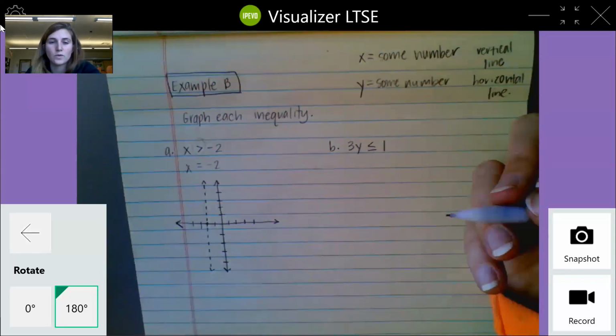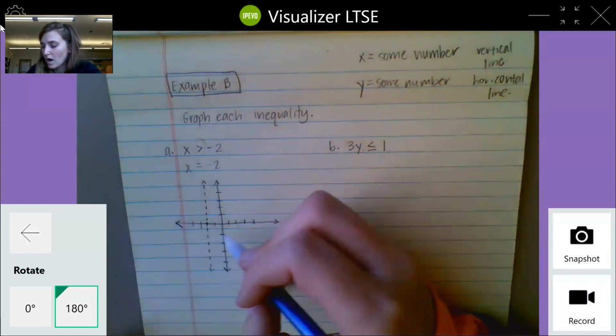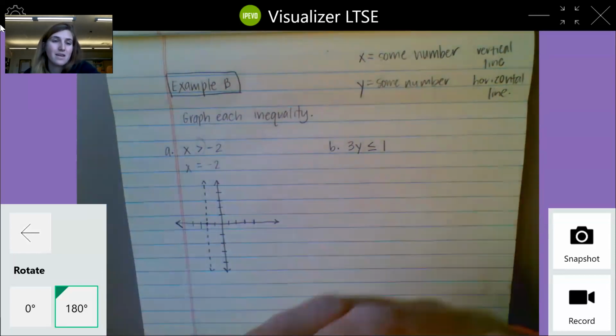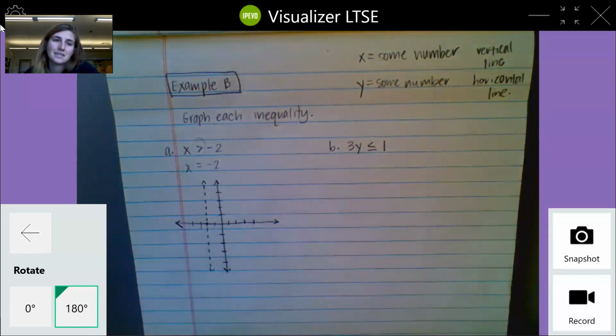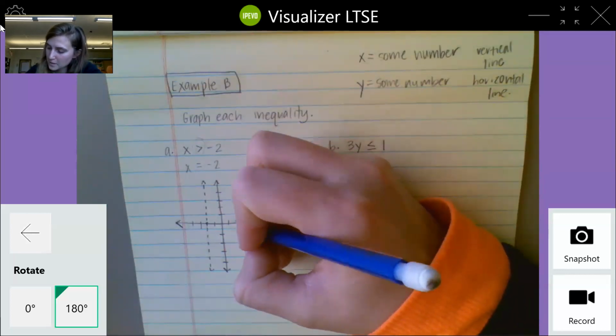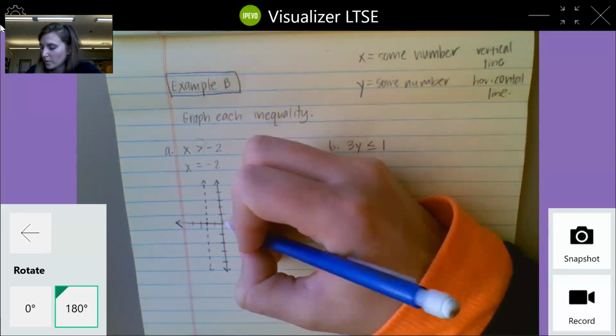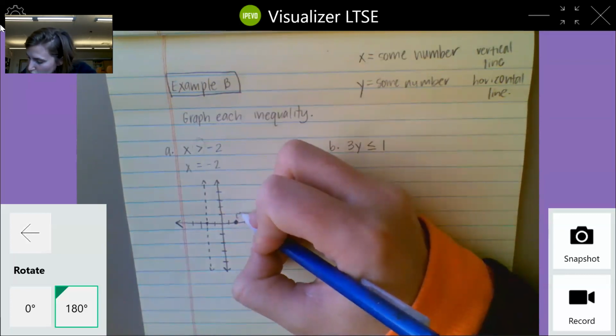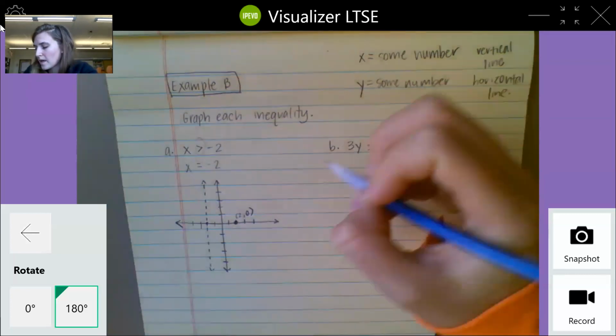And now what I need to do is check a point not on the line and see if the inequality is true or not. So let's pick this point where we're at 2, 0. And I'll plug that in.